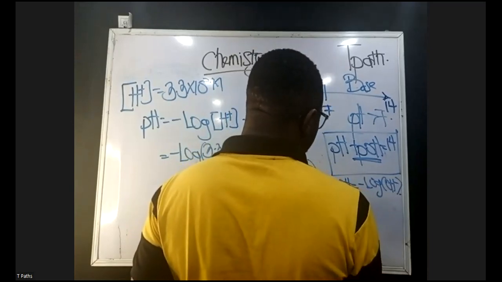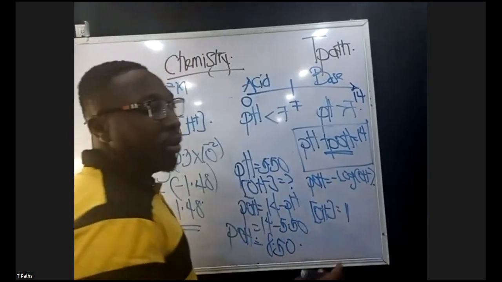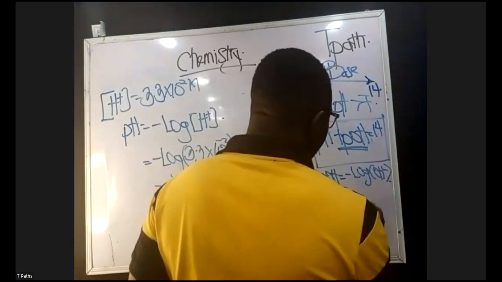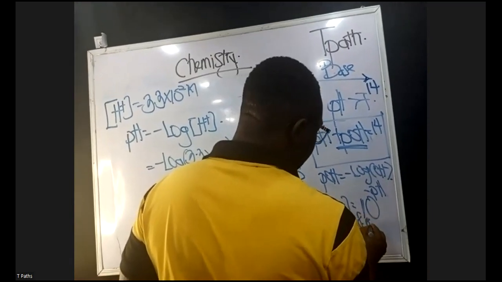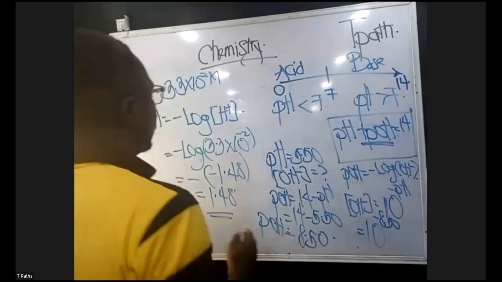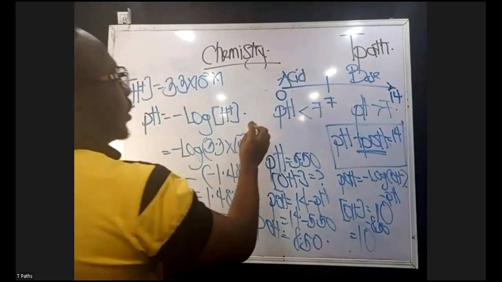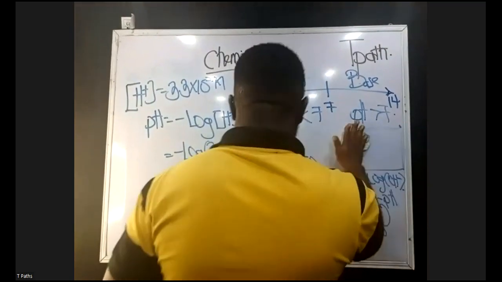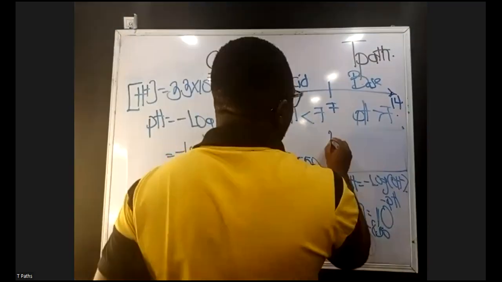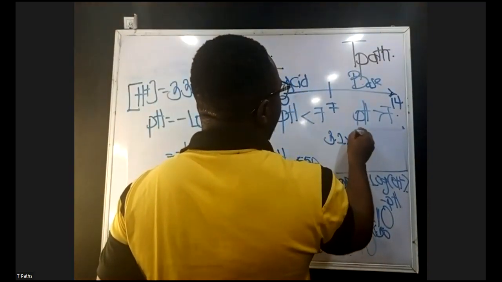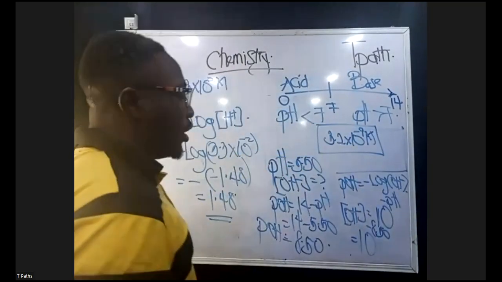OH minus is equal to the antilog, or 10 raised to the power minus pOH. That is 10 raised to the power minus 8.50. And the answer to that question will be 3.2 times 10 raised to the power minus 9 molar.